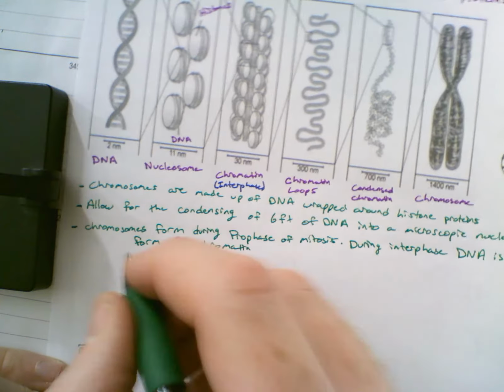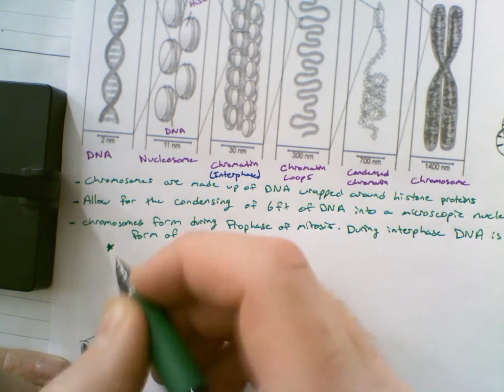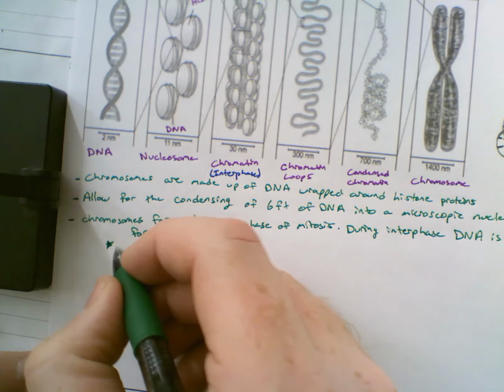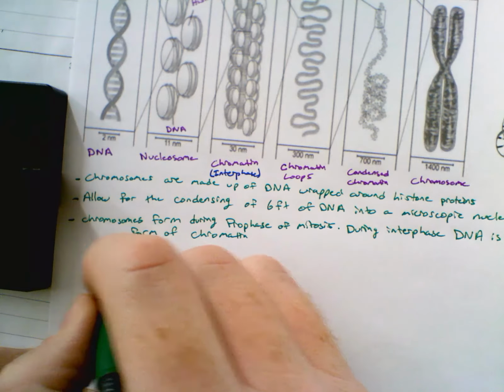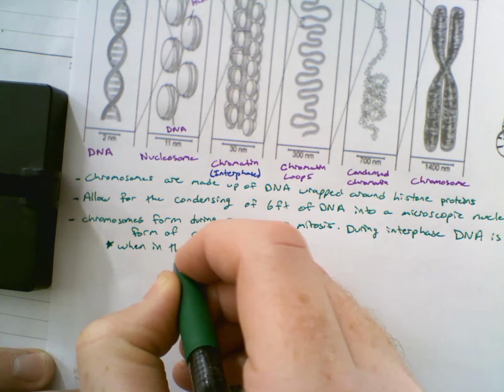Now, the reason this matters is because chromosomes are packaged up so tight that the DNA is not going to be accessible for coding for proteins when it's in the form of a chromosome. So right below that, I'm just going to put a little asterisk here and say when in the form of a chromosome.